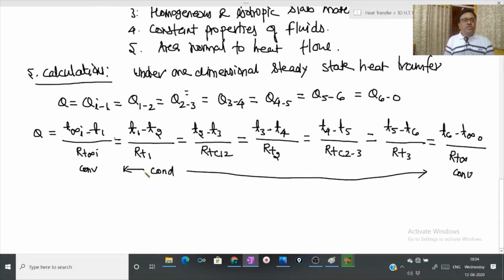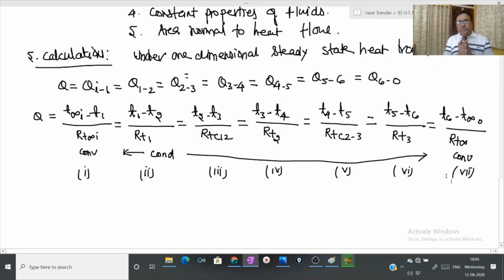These are the individual rates of heat transfer. I can also give them names as 1, 2, 3, 4, 5, 6 and 7, because I have to use the individual equations, so it will be better to recall them by their number.